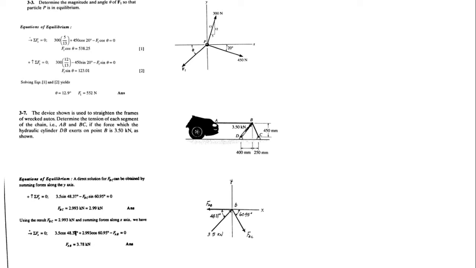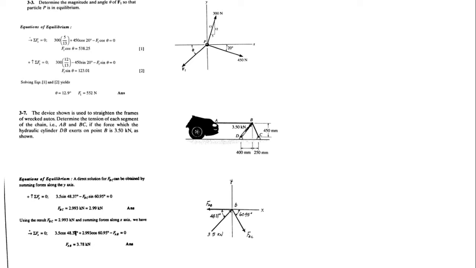How will we proceed? Simple, the same logic, equations of equilibrium. The first equation of equilibrium we will apply is sigma Fx is equal to 0, and when we apply it, it comes out to be 300, the horizontal component will be 5 upon 13 and it's positive.